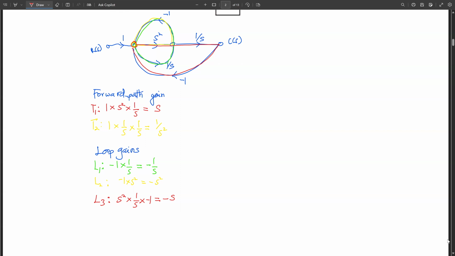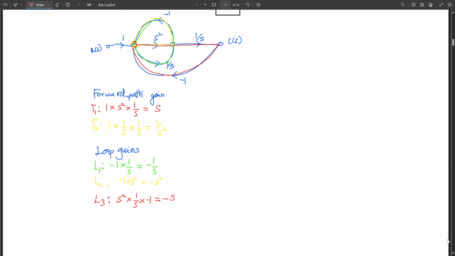Now the second thing to do is to identify your non-touching loops, taken two at a time. Since you can see that all the loops here share a common node, we can boldly say that there are no non-touching loops taken two and three at a time.